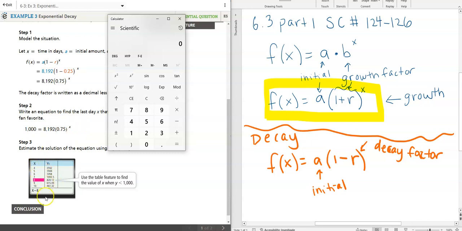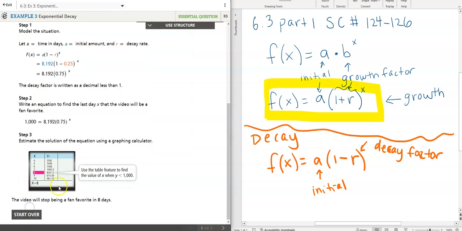But basically they made a table saying, okay, if my exponent x is 4, then what does that make? If my x is 5, what does that make? If my x is 6, right? And they just kept going to figure out when it would be not a fan favorite.